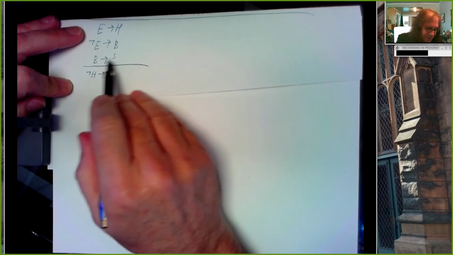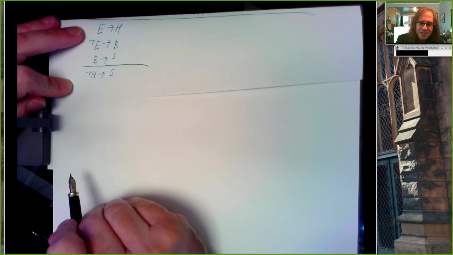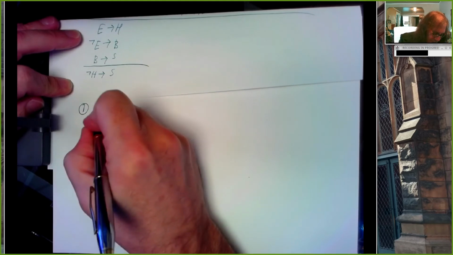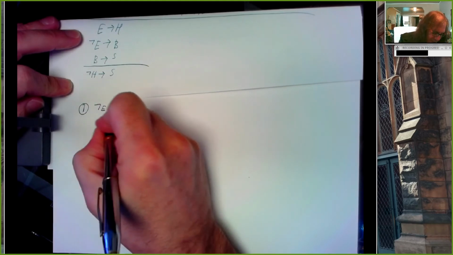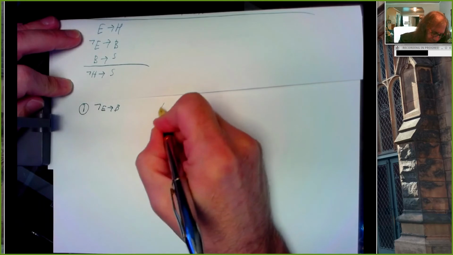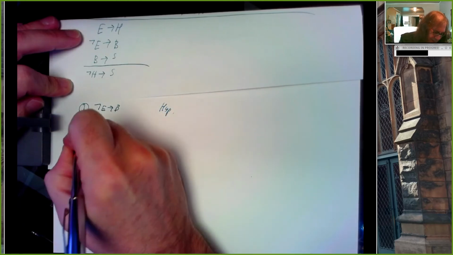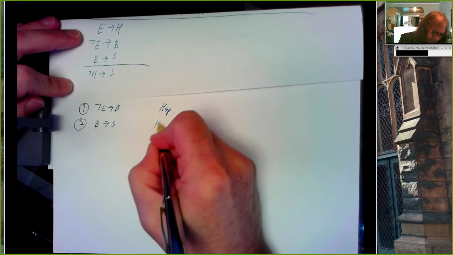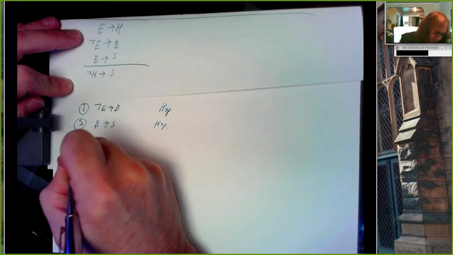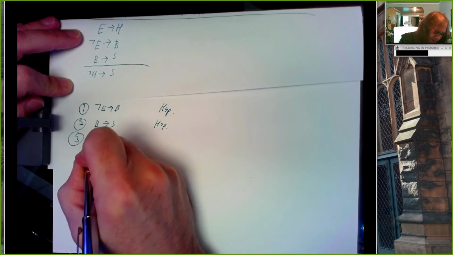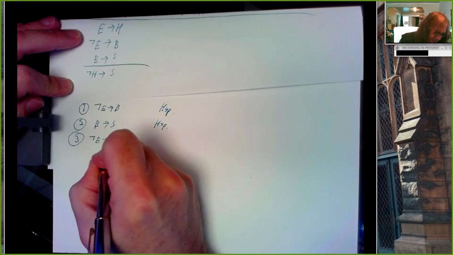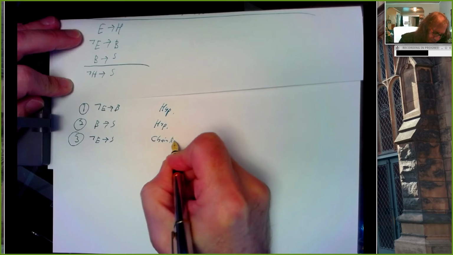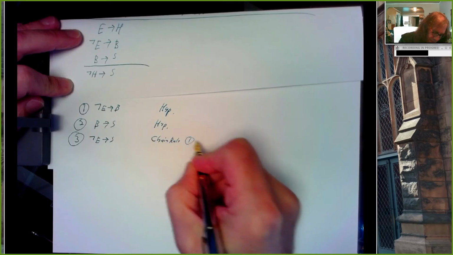Given this and that, we could say if not E, then S. So let me start with if not E, then B. And that's a hypothesis. And if B, then S, and that's a hypothesis. And if we string those together, if not E, then S, and that's the chain rule, putting 1 and 2 together.